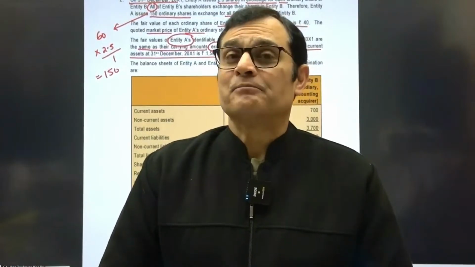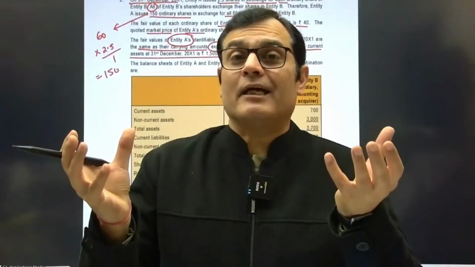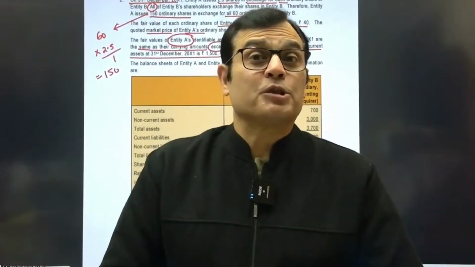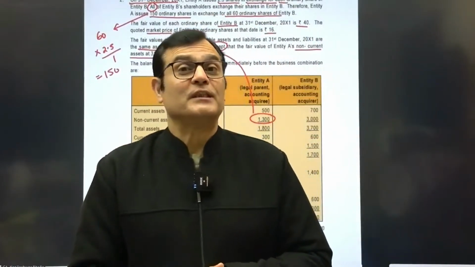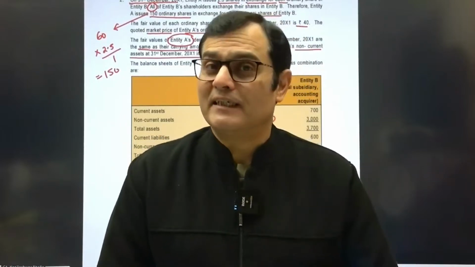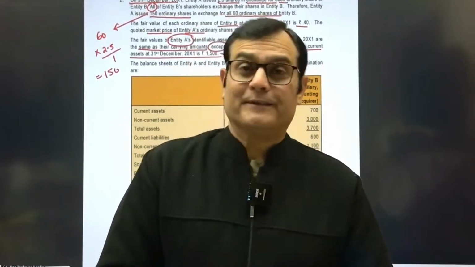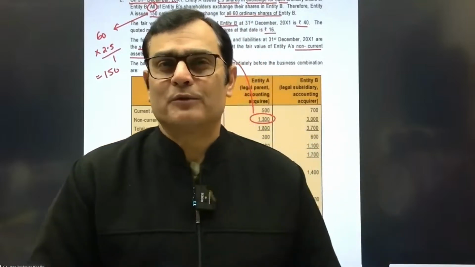Are you getting the point? Because if it is a normal acquisition accounting, A is the acquirer and B is the acquiree. So in terms of acquisition accounting, I would need the fair value of the net assets of entity B. And when he suddenly tells you the fair value of the net assets of entity A, which is the legal acquirer, it is indirectly telling you that this is a reverse acquisition.